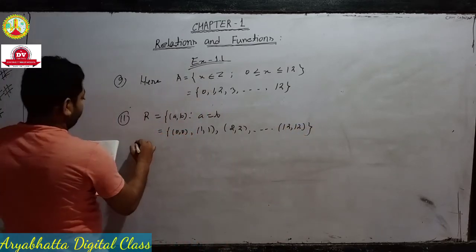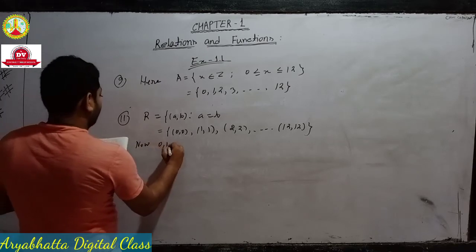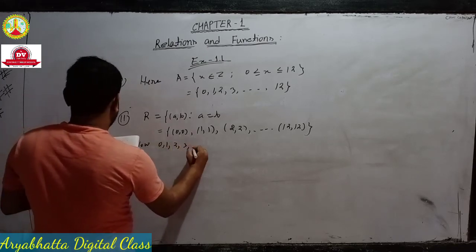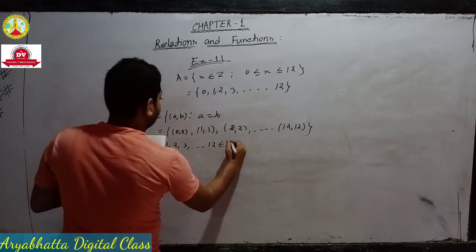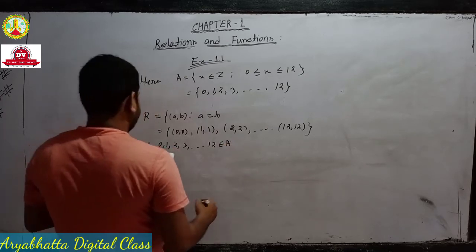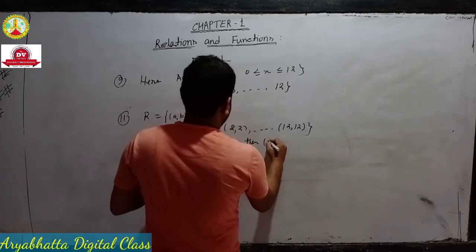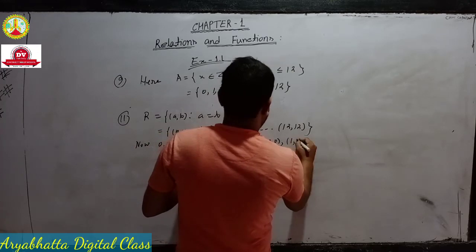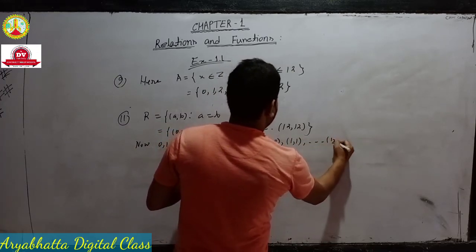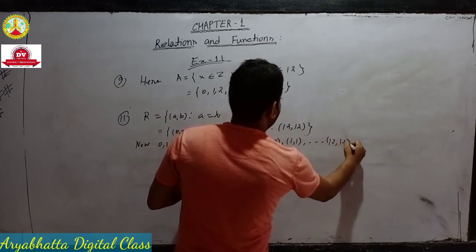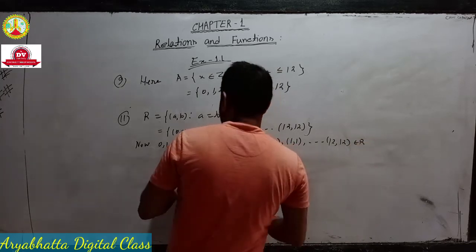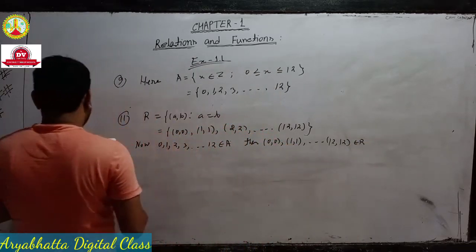Now 0, 1, 2, 3 to 12 belong to A. Then (0, 0), (1, 1) to (12, 12) belong to the relation R. Therefore R is a reflexive relation.